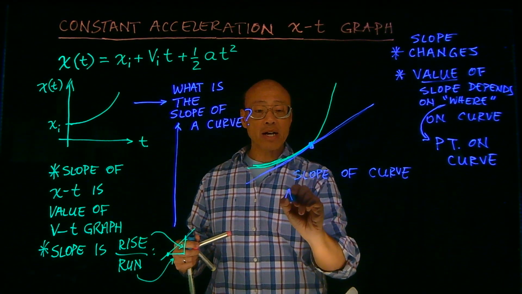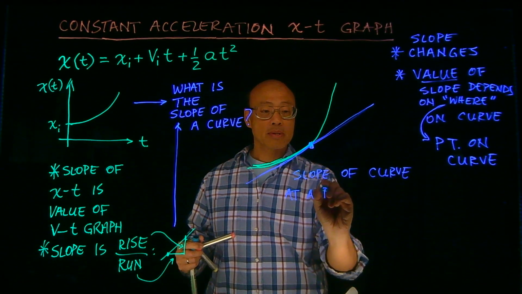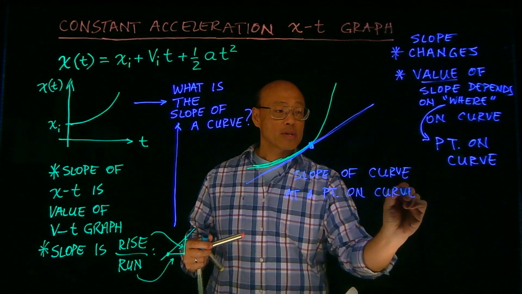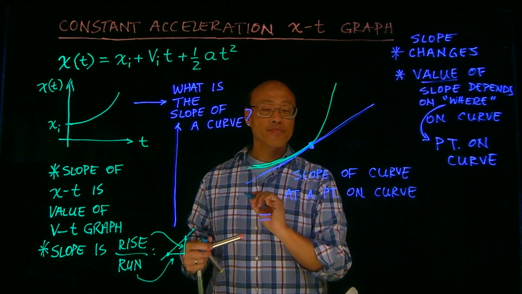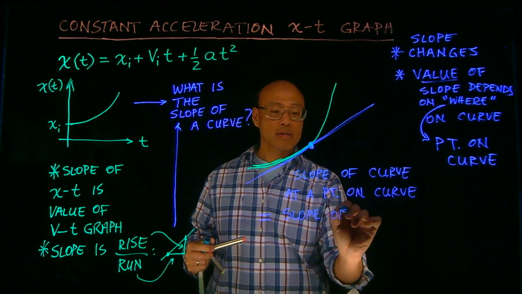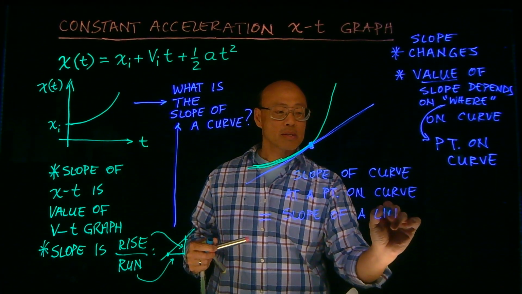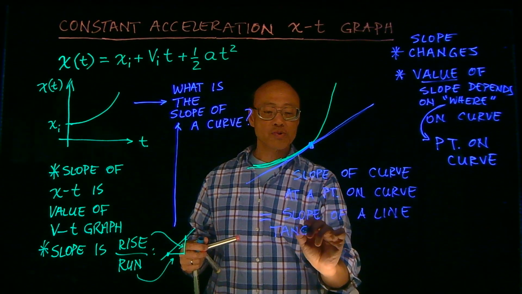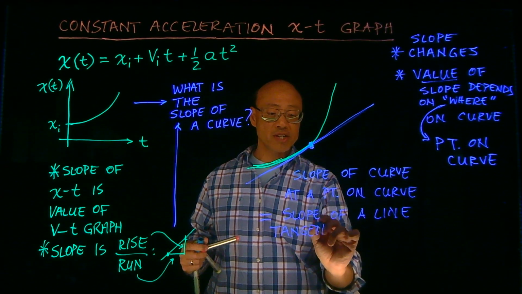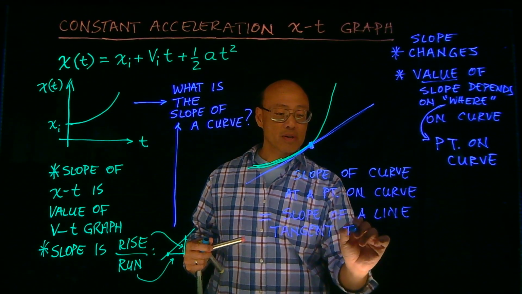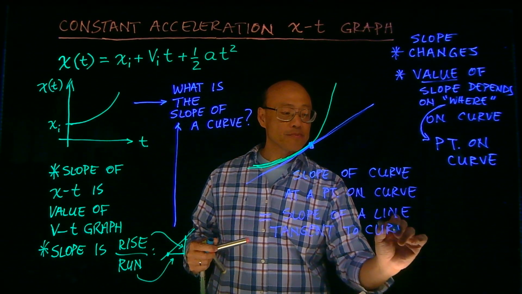The slope of a curve at a point on the curve is equal to the slope of a line tangent to the curve, and we'll close with a little confirmation of what tangent means in case we're not sure. Slope of a line tangent to the curve at that point.